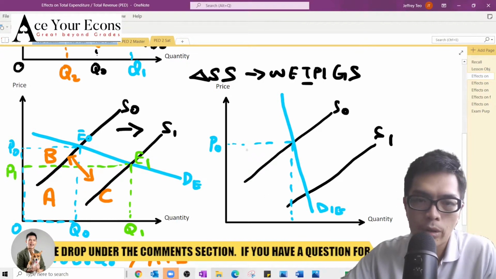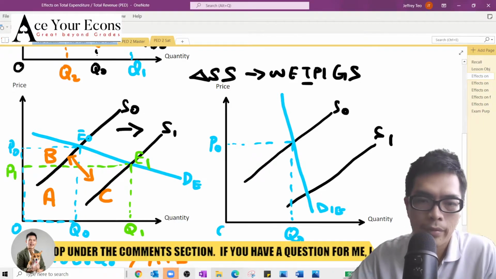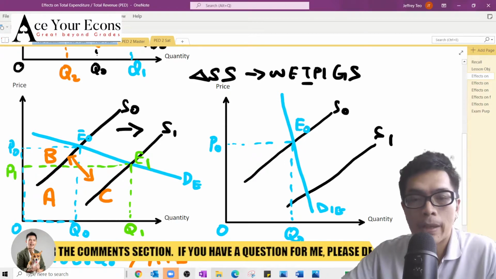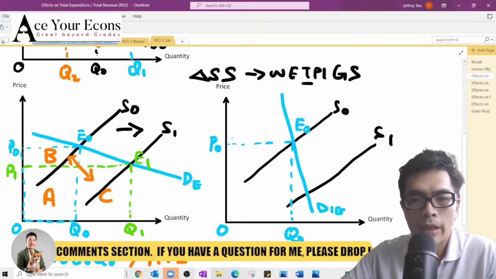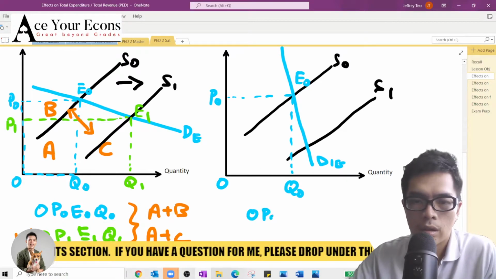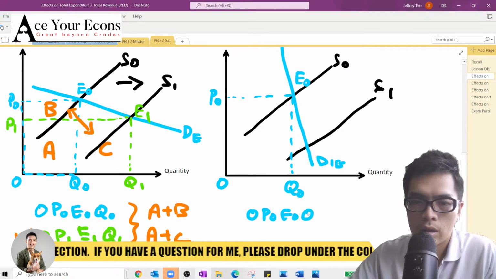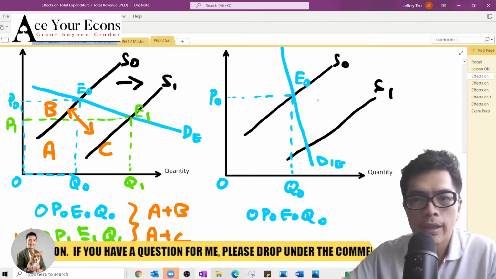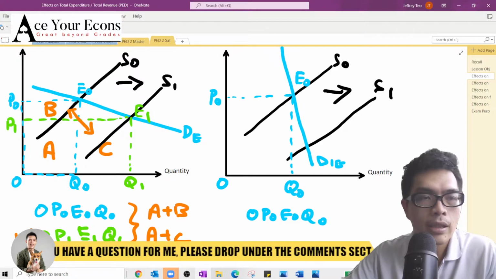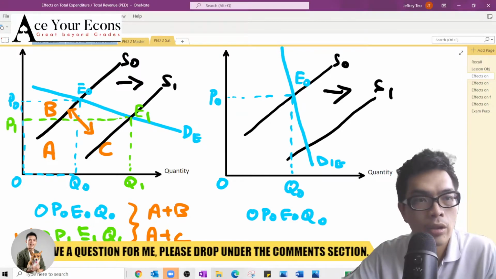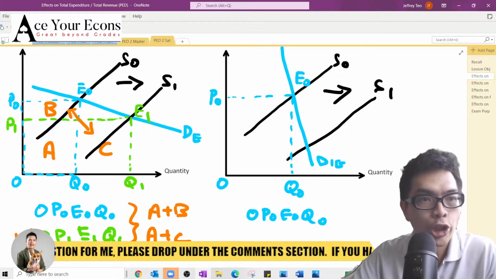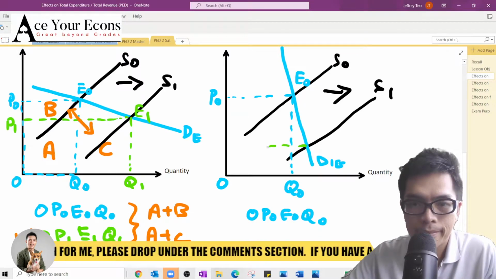Okay, P0, Q0. Do you see that? So this is your initial expenditure or spending. 0, P0, E0, Q0. Right? Likewise, as a result of an increase in supply, your price is going to go down and your quantity is going to go up, but by how much?